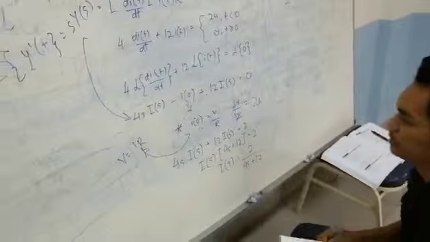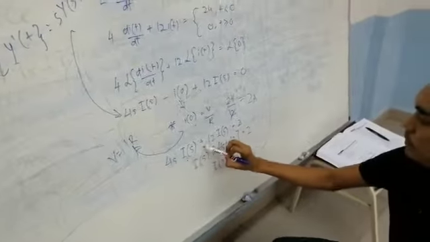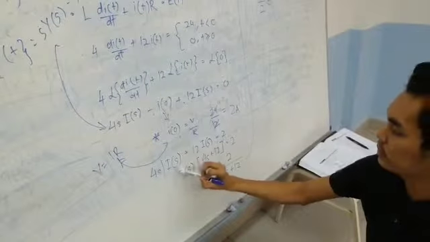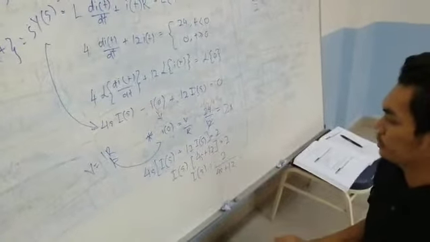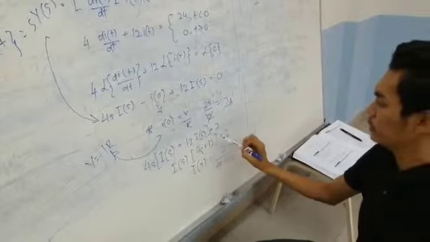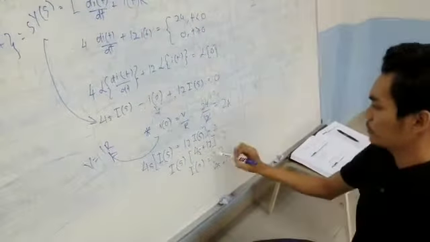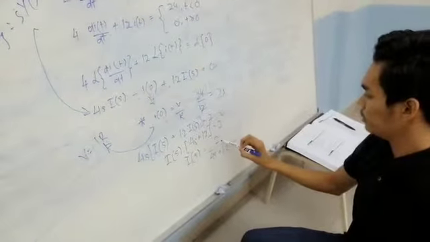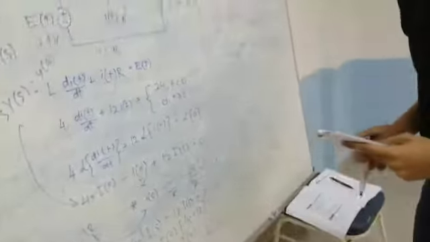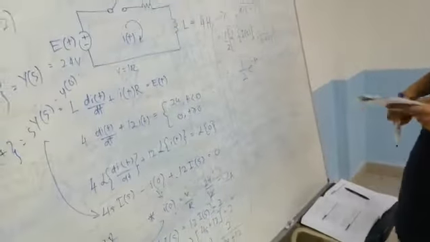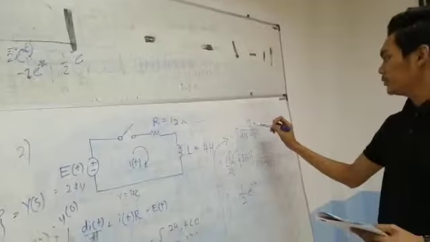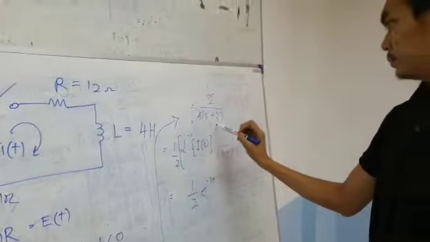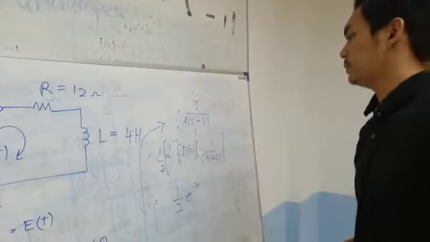Back to the equation, we know that 4sIs plus 12Is equals 2. So we factorize this equation and we got (4s plus 12) I equals 2. So we bring it to the other side and we got 2 over 4s plus 12. Next, we factorize it to 1 over 2 in bracket 1 over s plus 3.